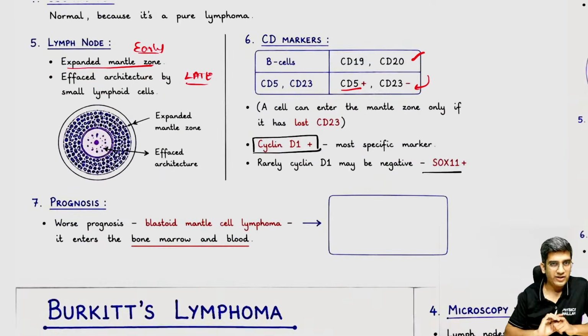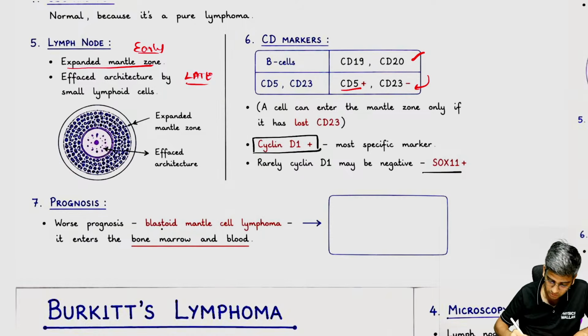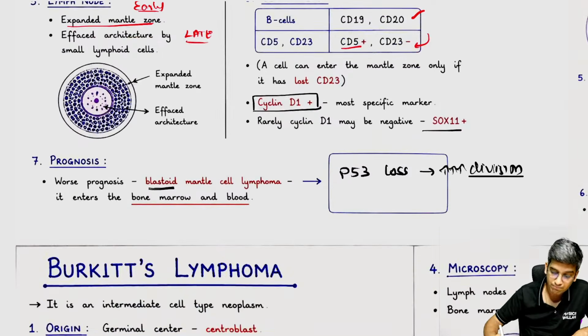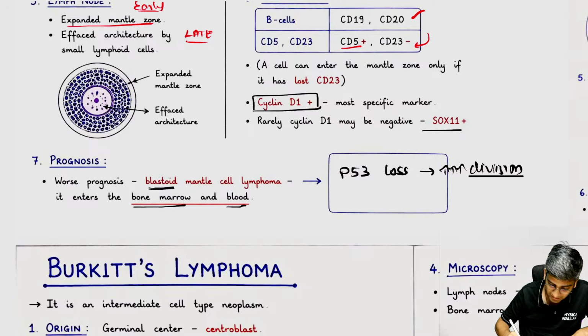Then prognostic factor. One of the worst prognoses is a variant called blastoid mantle cell lymphoma. Here you will have the same bad guy, p53 loss, and because of that there will be excess division. Not just excess division of the tumor, it also can spread. It's blastoid, like a blast, which means it's going to enter the bone marrow and the blood.